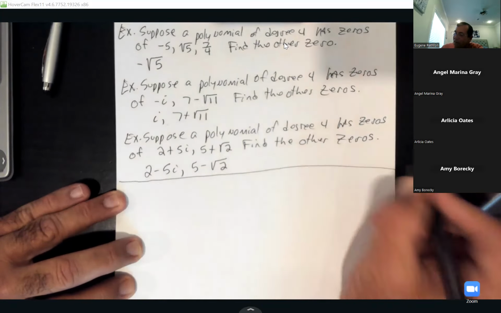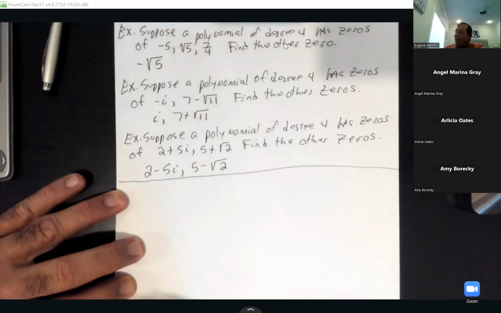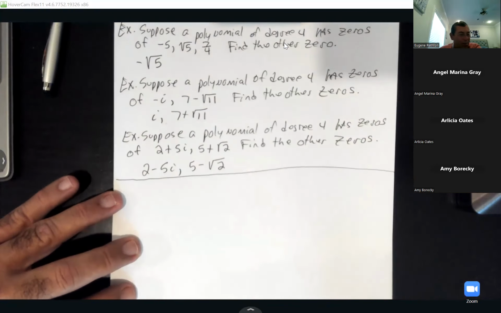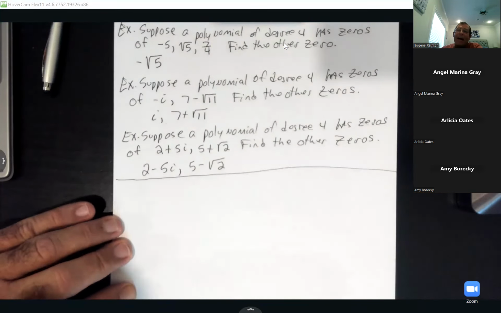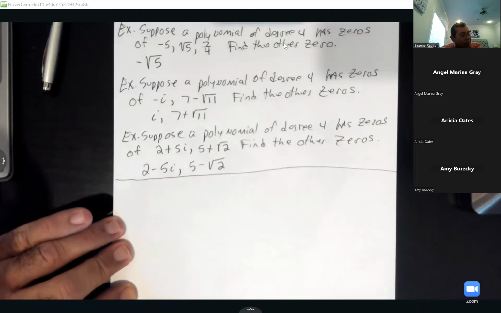But y'all, they wanted y'all to know this stuff here for my next problem. So check this out. Because now we're going to go back to finding them polynomials. But look how they do this.